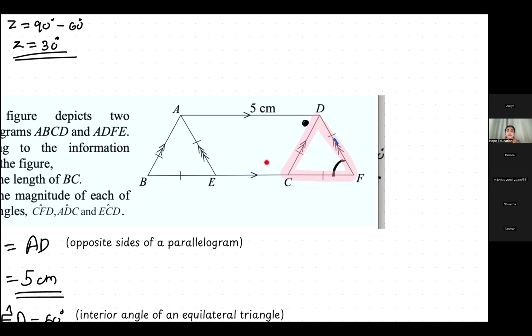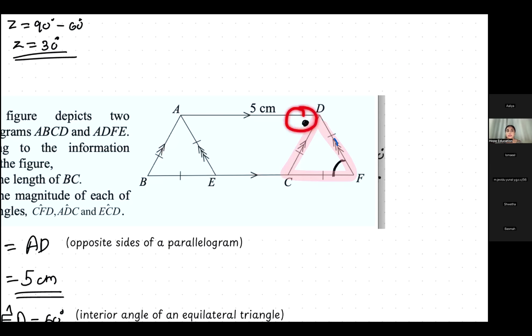There is also an equilateral triangle here, which means this angle is also 60 degrees. And we know this is a parallelogram. Therefore, these are opposite angles, and in a parallelogram, opposite angles are equal. From that also, you can get that ADC is 60 degrees.